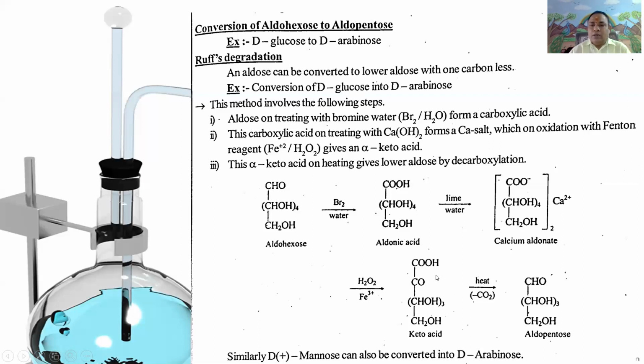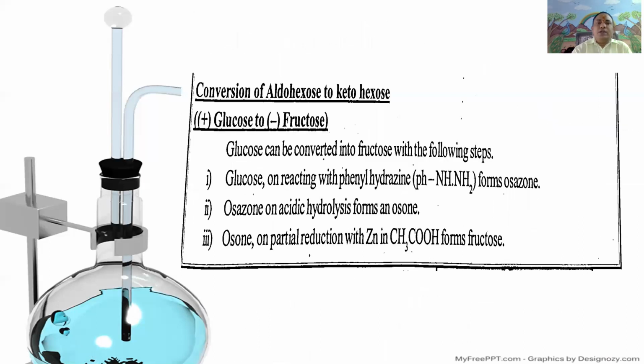Upon heating, with removal of carbon dioxide, it gives aldopentose, that is arabinose, CHO, CHOH taken 3, CH2OH. It is called aldopentose. Similarly, D-mannose can also be converted into D-arabinose by Ruff degradation.